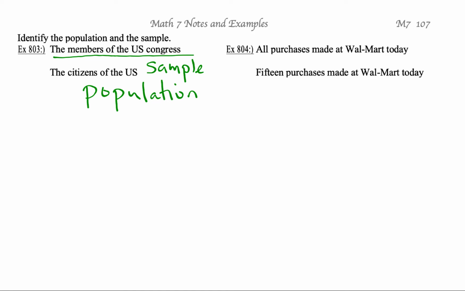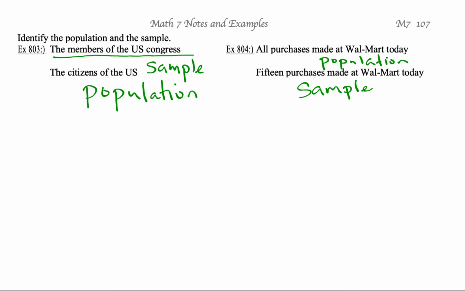All purchases made at Walmart today and 15 purchases made at Walmart today. Well, if we're studying some information about purchases at Walmart, all the purchases within a day would be the population, and only 15 of them would be a small sample that we could take. Now, if you have access to Walmart's records, you could get that population information, be able to do some statistics on it, or figure out some parameters.